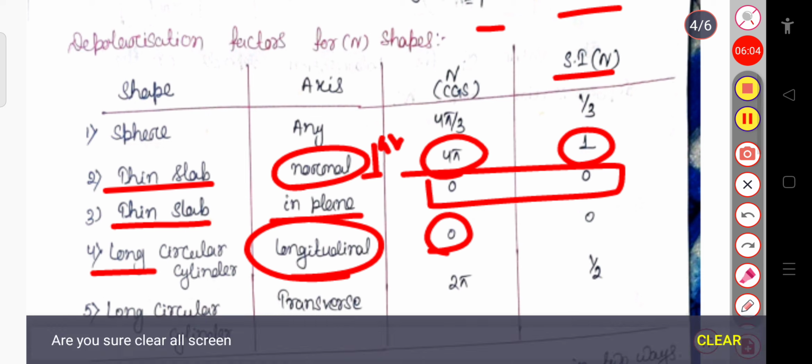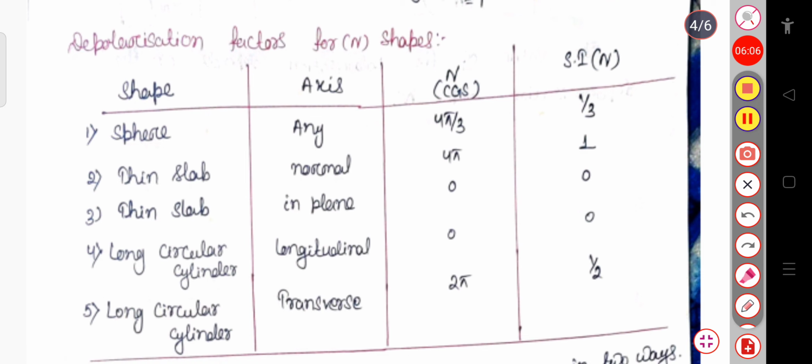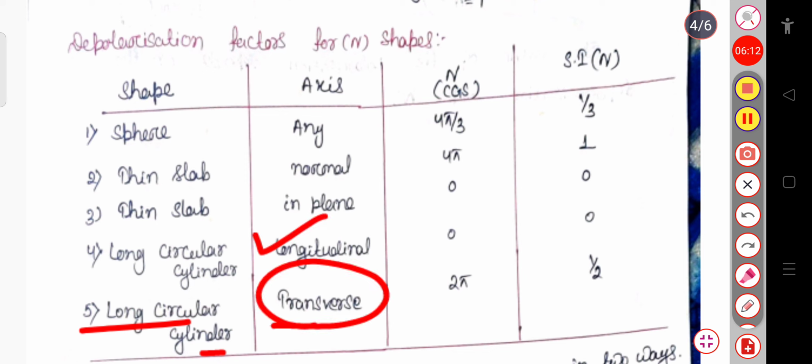But if you consider the transverse axis, then the n factor in the CGS system will be 2 pi, and in SI system it will be equal to 1 by 2. So you can see here, if you consider a different axis, the n factor changes, and also for different shapes, the n factors are different.